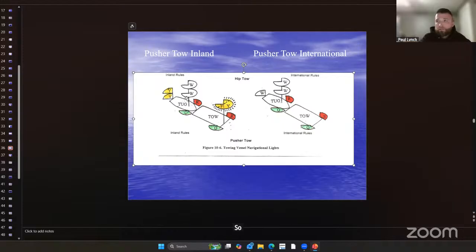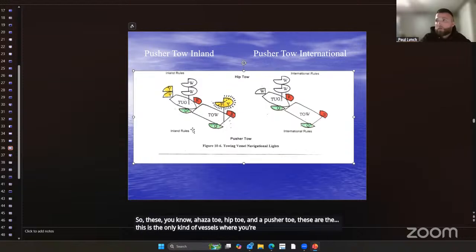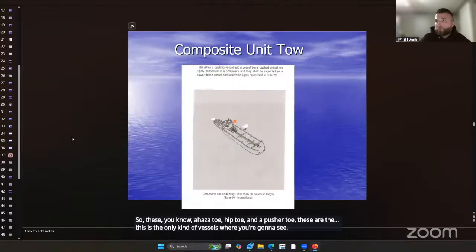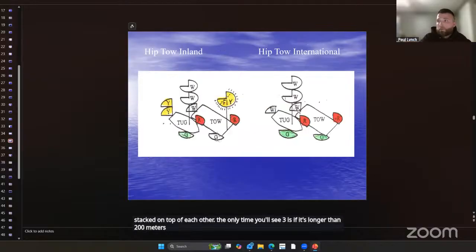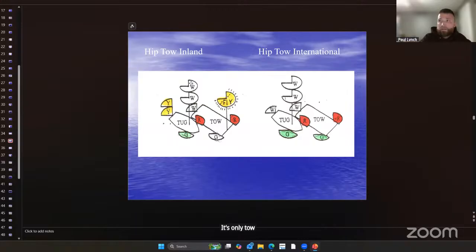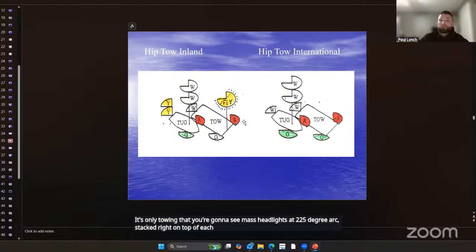So with these, a hawser tow, hip tow, and a pusher tow, this is the only kind of vessels where you're gonna see mast headlights stacked on top of each other. The only time you'll see 3 is if it's longer than 200 meters in length. It's only towing that you're going to see mast headlights, that 225-degree arc, stacked right on top of each other.